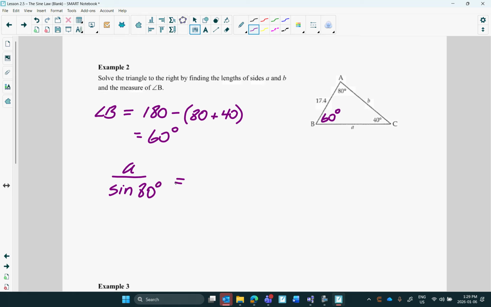Now I've got to use the side that I know, 17.4, over the sine of its angle opposite. Well, what angle is opposite 17.4? 40. That's the equation you'd have to set up to find A.